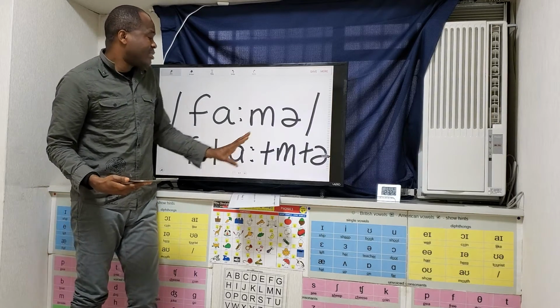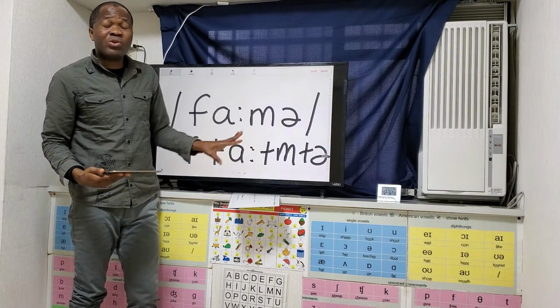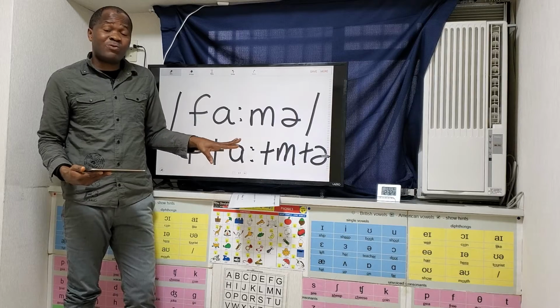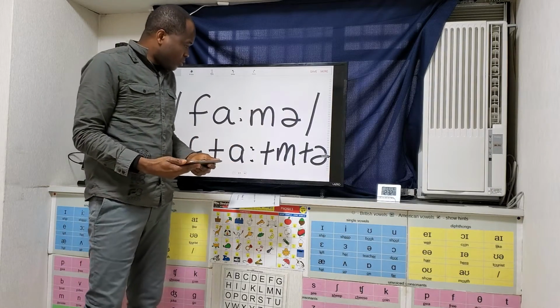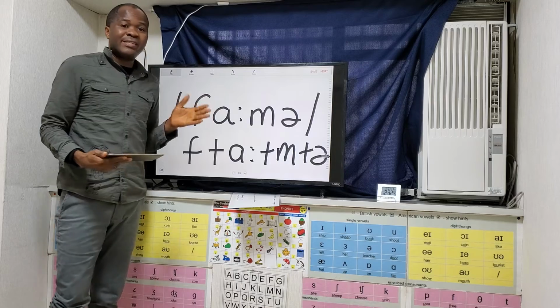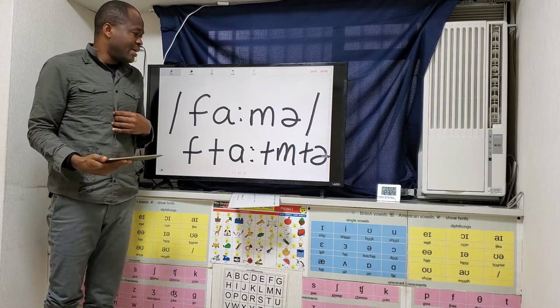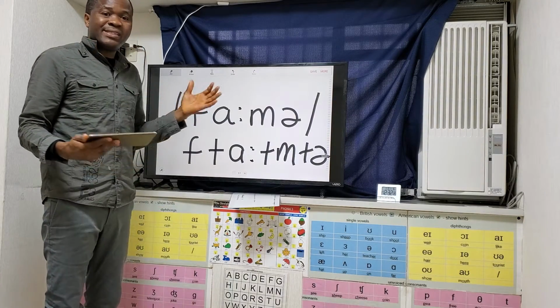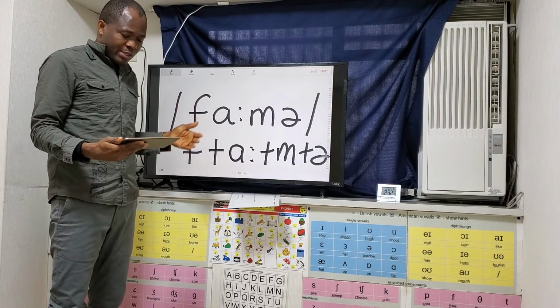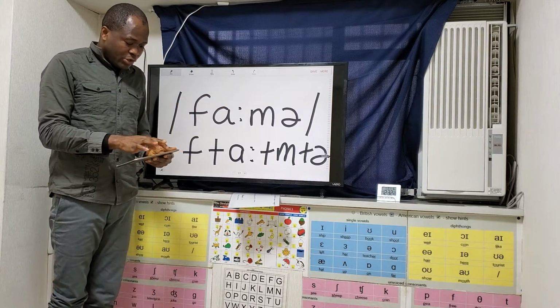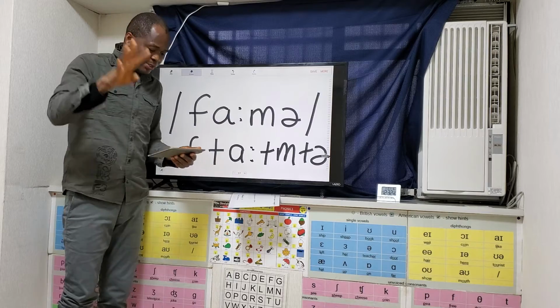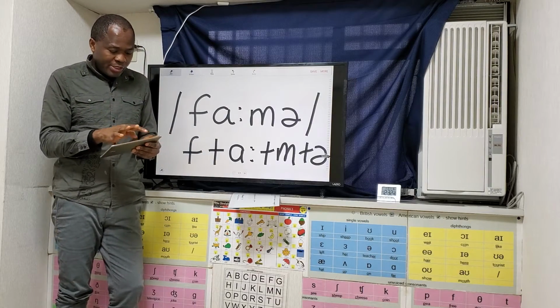So when I use a symbol to represent a sound, we call it a phoneme. Maybe in our next lesson, we are going to look at segmenting, which is a way of splitting the sound. Let's go to the American pronunciation, then we can finish up.